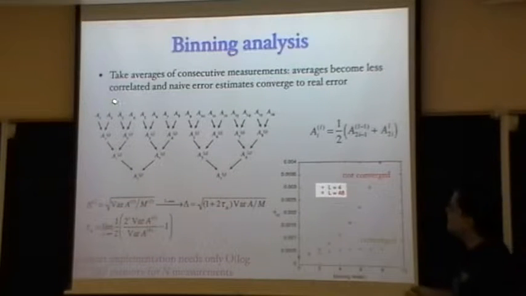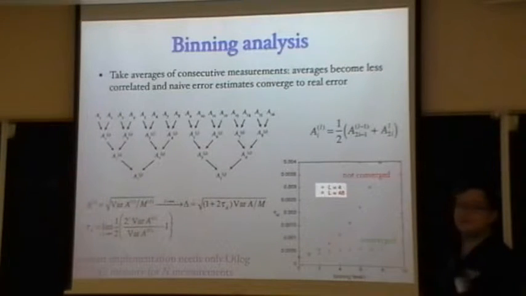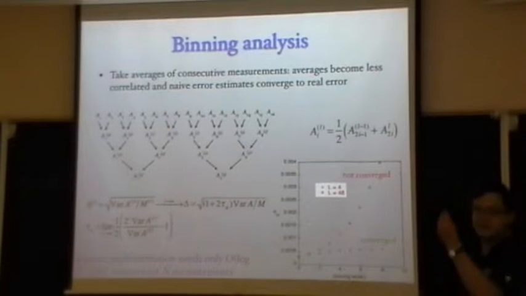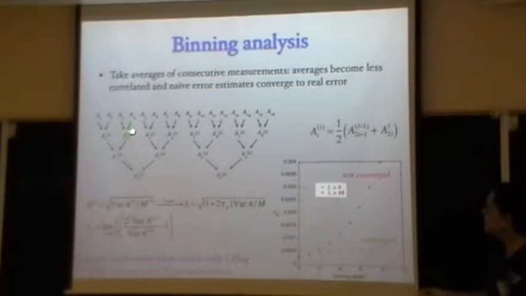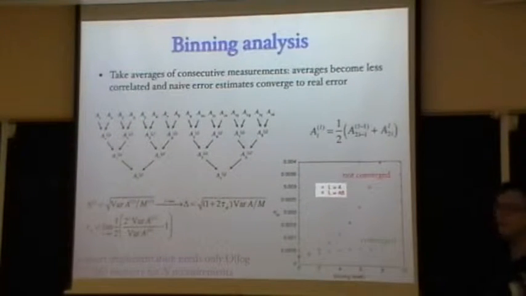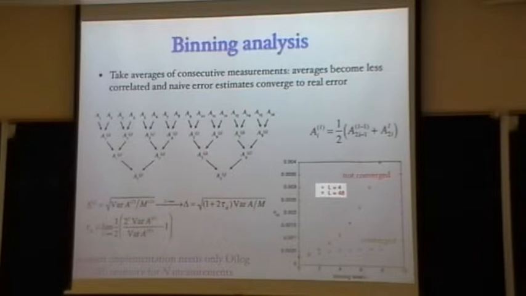So the next step is we always average two neighboring values. We bin two values into one bin and get that average, that one, that one, that one. Now we have 8 values that are averages of 2 values. And we again calculate the error of these 8 values using the naive equation. Again, the values are still correlated, but now they're less correlated, and so the error will be less wrong, but still wrong.